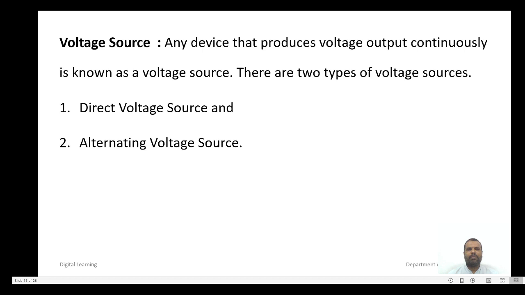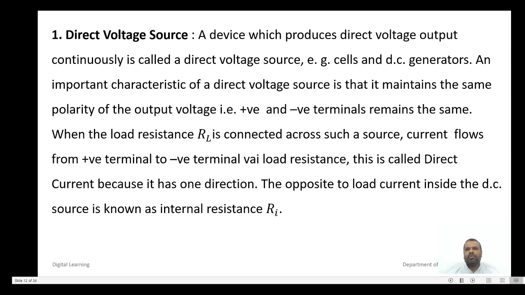There are two types of voltage sources: direct voltage source and alternating voltage source. First one, direct voltage source. A device which produces direct voltage output continuously is called a direct voltage source. The examples of the direct voltage source are cell and DC generator.